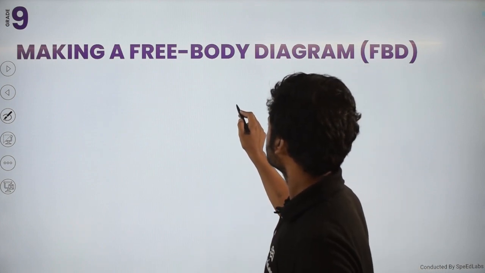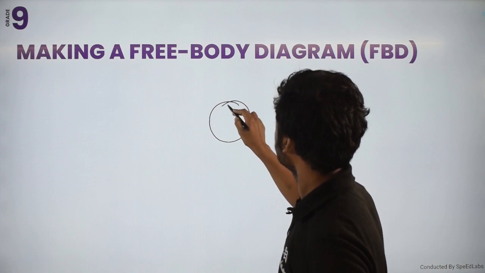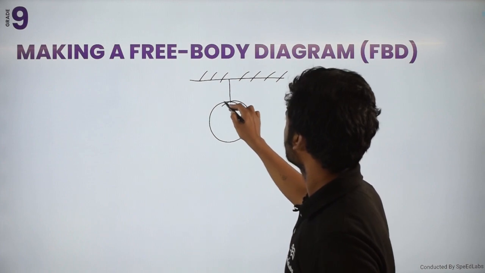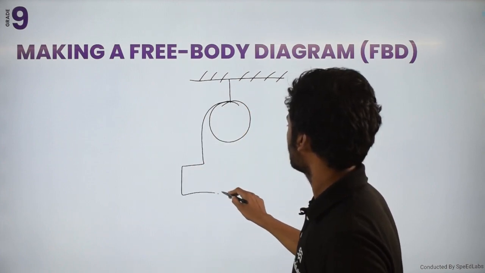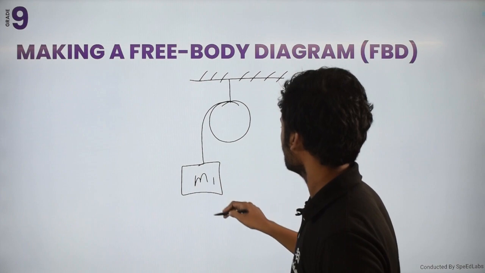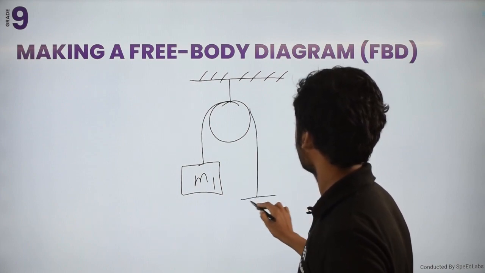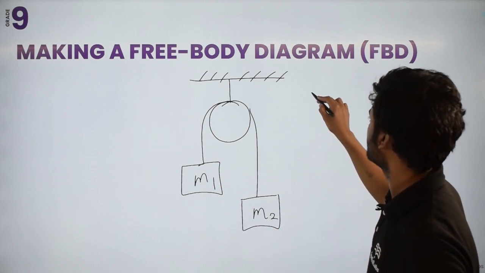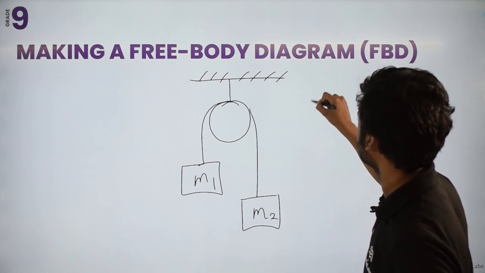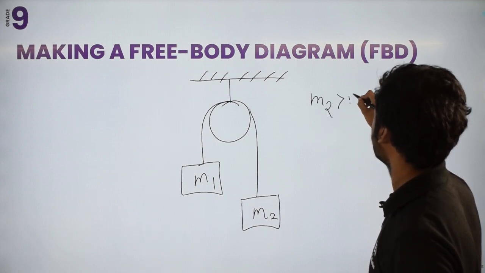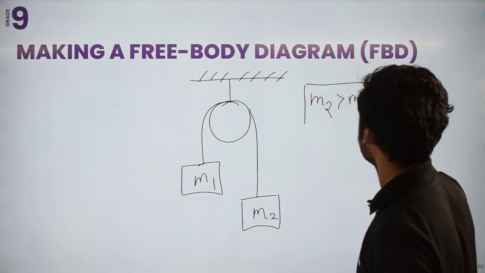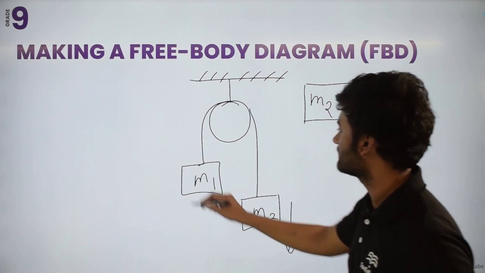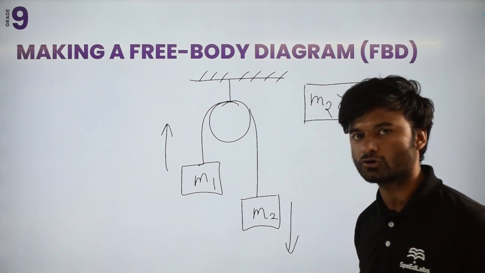Consider a pulley like this, and there are two blocks. First block is of mass m1, and the second block is of mass m2. Now I am taking one condition, that m2 is greater than m1, so it is obvious that this m2 will come downward and this m1 will go upward automatically.